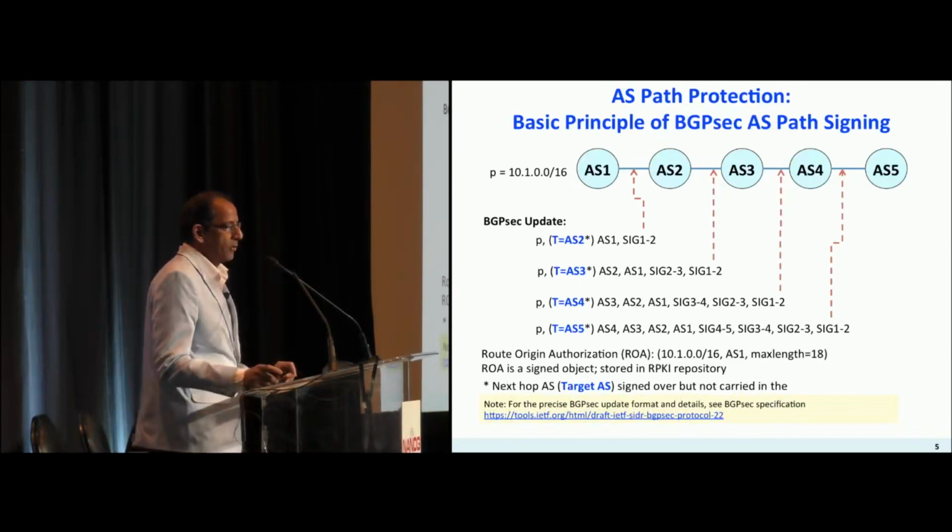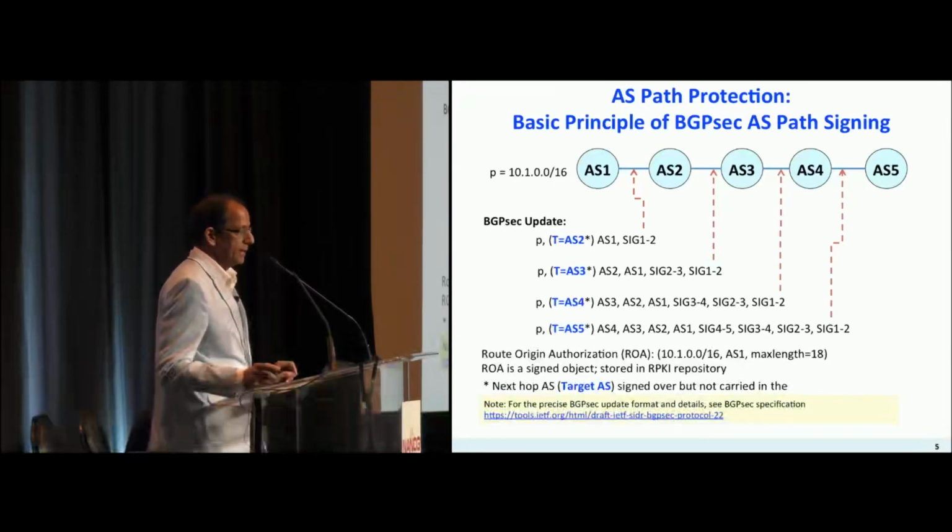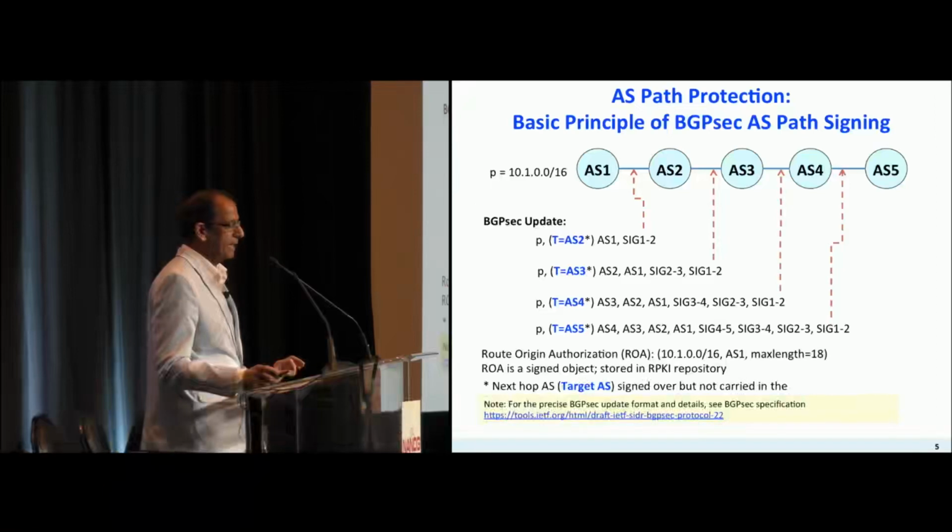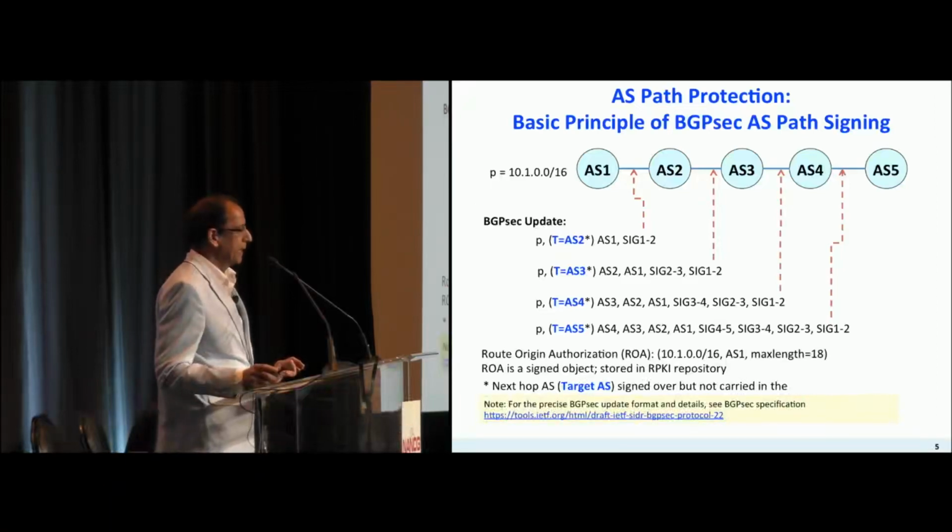So once you have this path validation in place, essentially you have a complete path protection. There is a guarantee for AS5, for example. In this example, there's a guarantee for AS5 that the BGPsec update has indeed traversed the ASs that are shown in the AS path. So that's the guarantee that BGPsec offers.